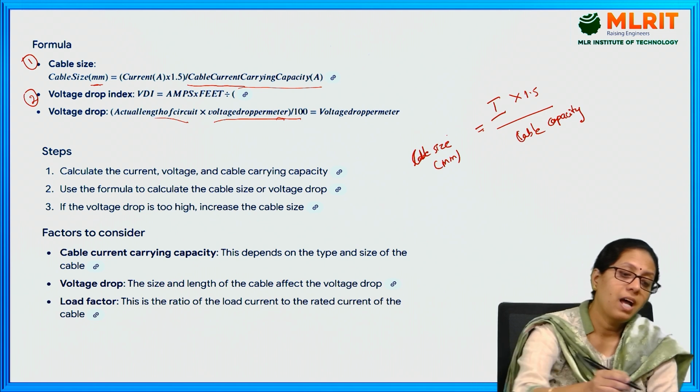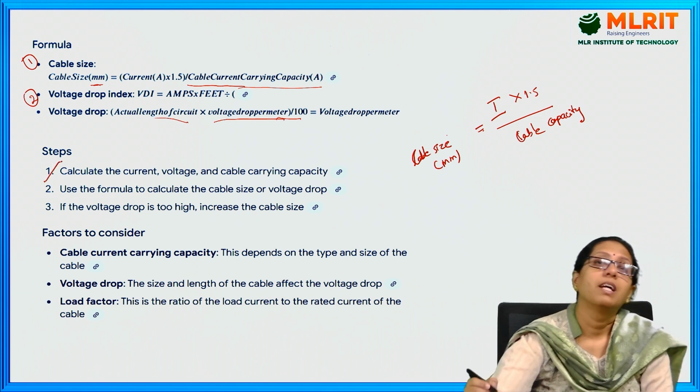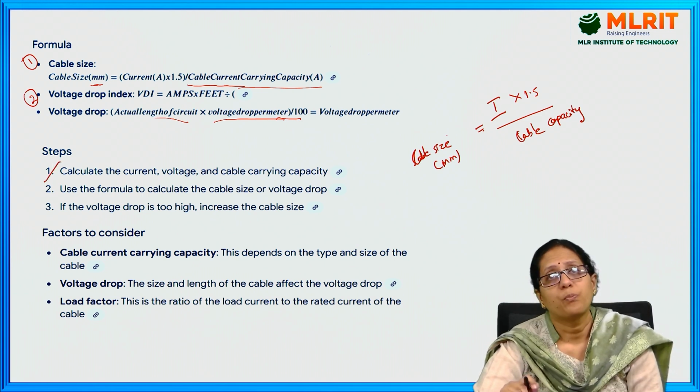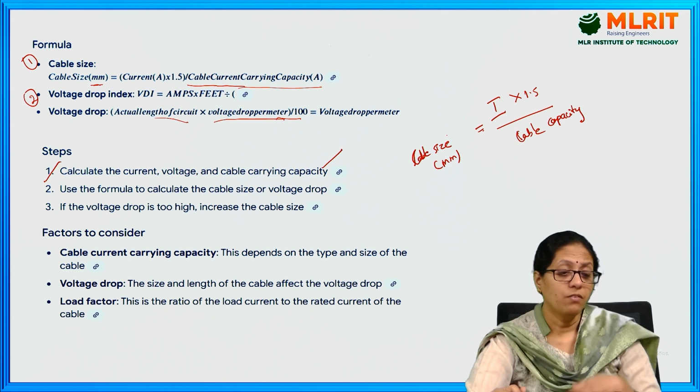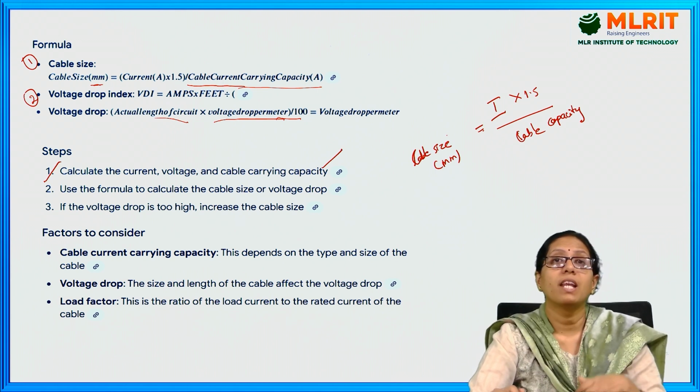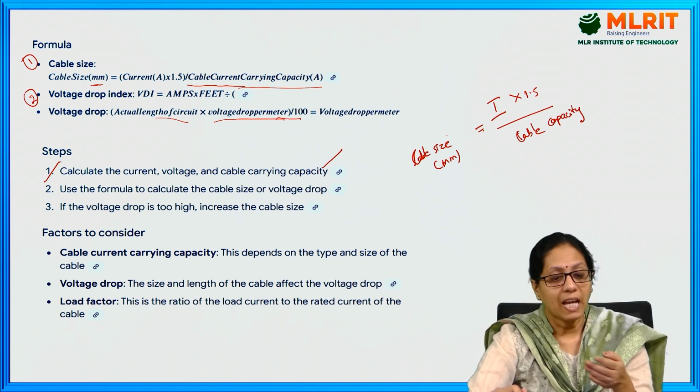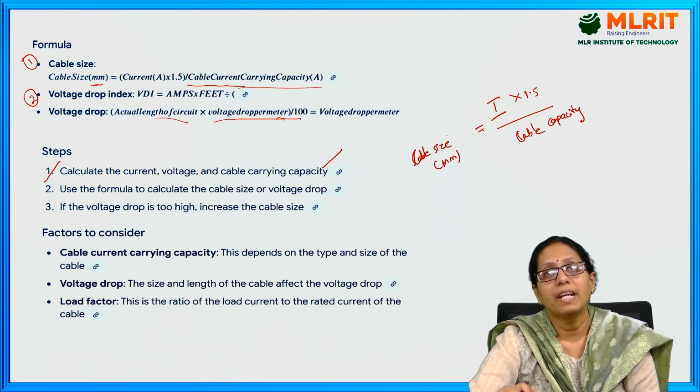The first step is to calculate the current, voltage and current carrying capability of that particular cable. We have to calculate the current as well as voltage and the capability of the cable for carrying this current as well as voltage.